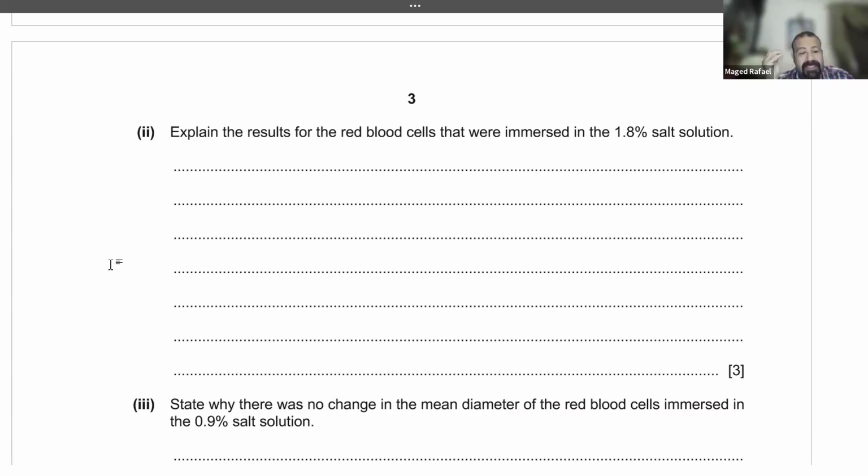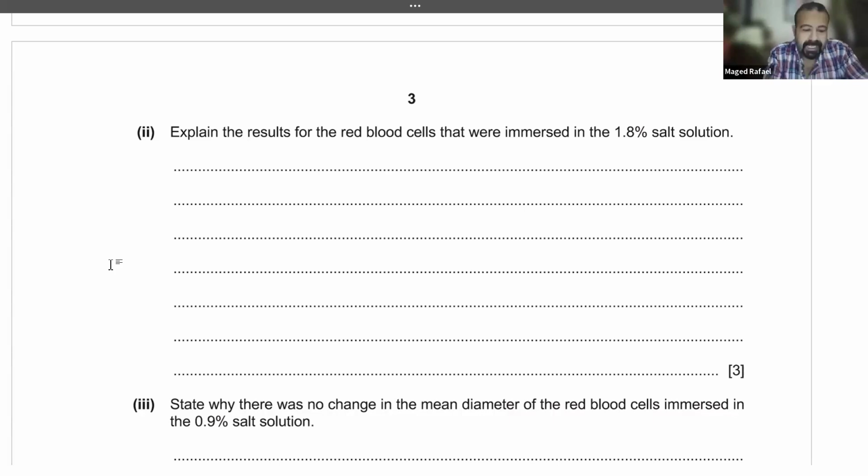We will write that the salt solution has lower water potential than the red blood cells. And this is the first mark. So guys, for the first mark, you need to mention what is the idea of the solution. What is the reason for the movement?